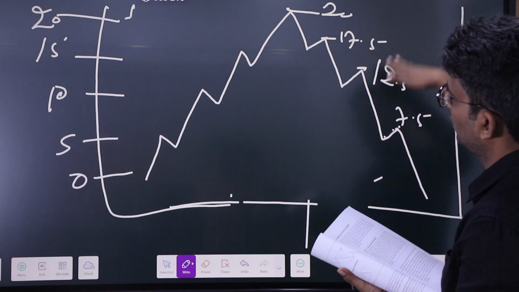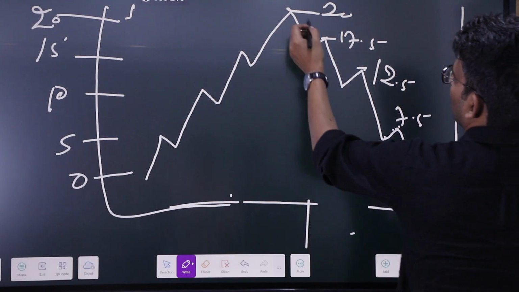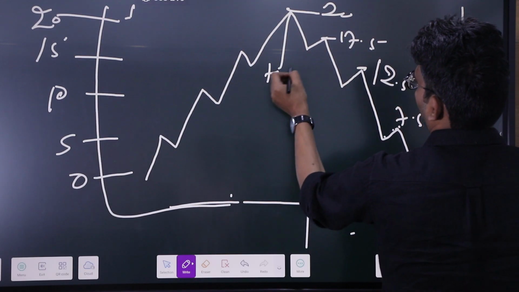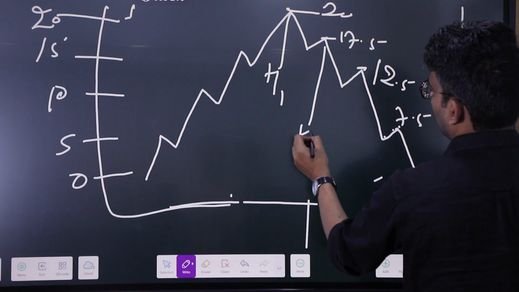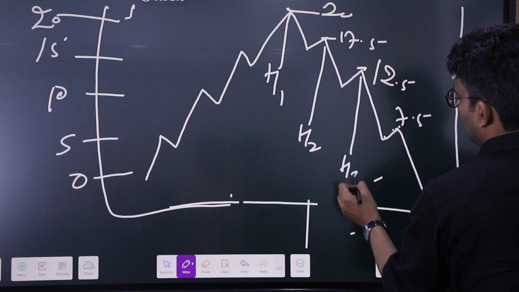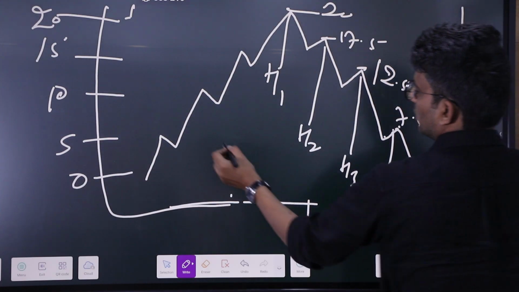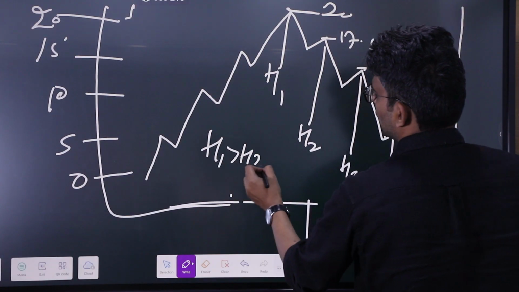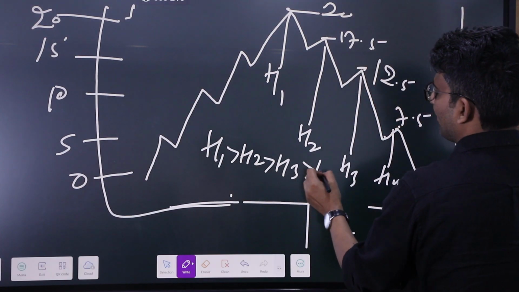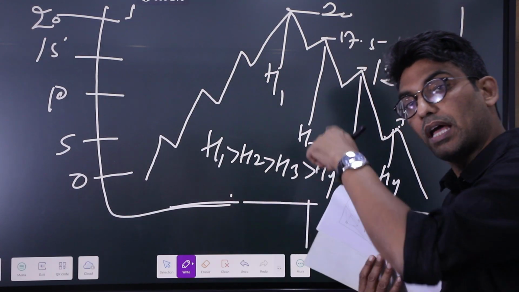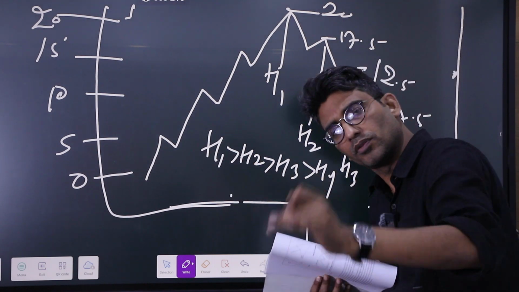So when it is falling, if you call these H1, H2, H3, and H4, in this case H1 is greater than H2 is greater than H3. That means every time it falls, it never goes back to the previous higher level. It just keeps on falling.